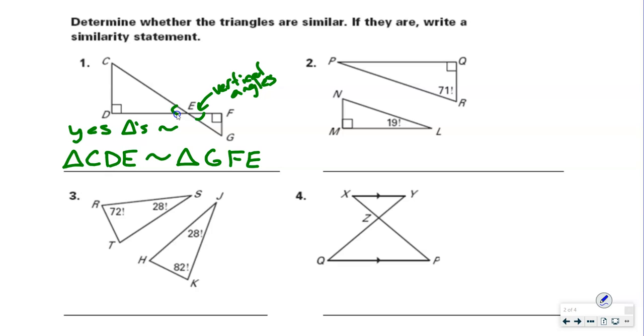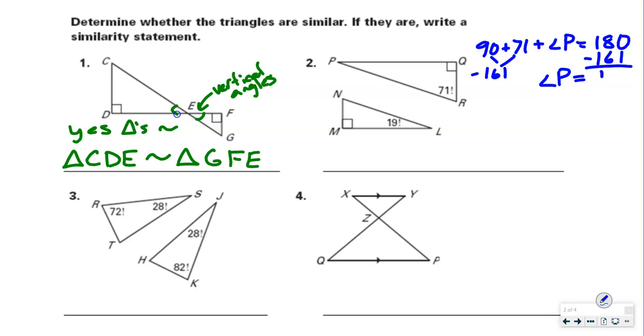So if I look at my top triangle up here, and I do 90 plus 71 plus angle P equals 180. See, 90 and 71 is 161. And I can subtract that from 180. Angle P equals 19.